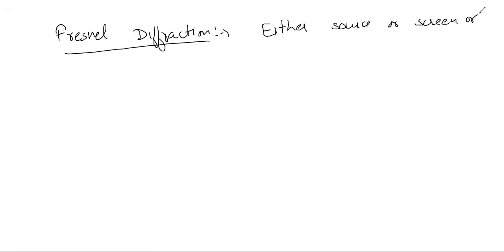In this diffraction, you basically say that either the source of light or the screen, or both of them, are at a finite distance from the slit.